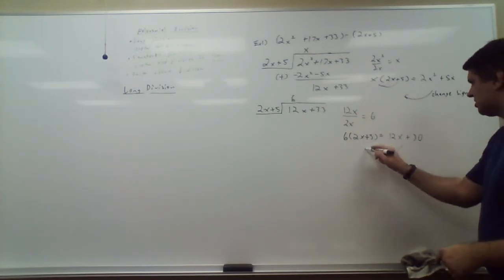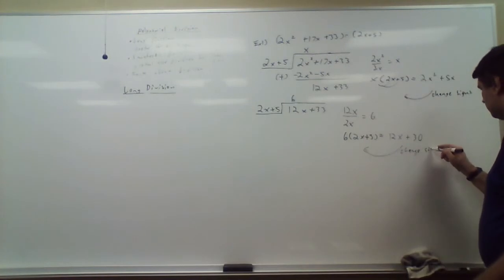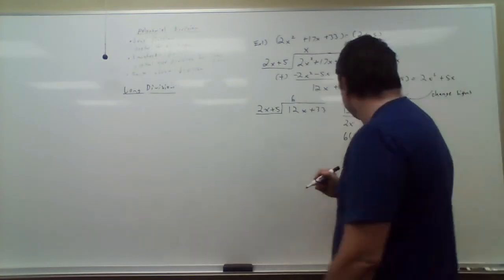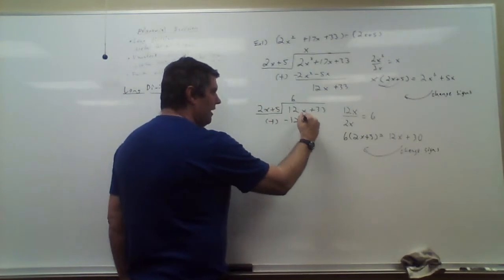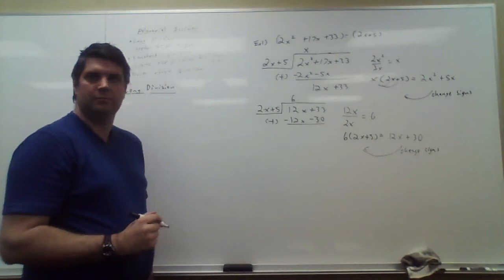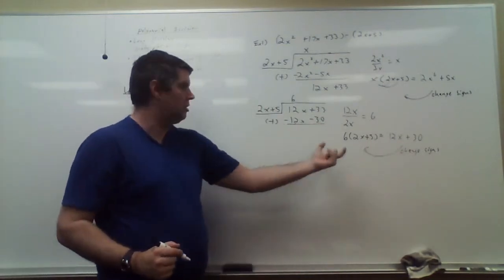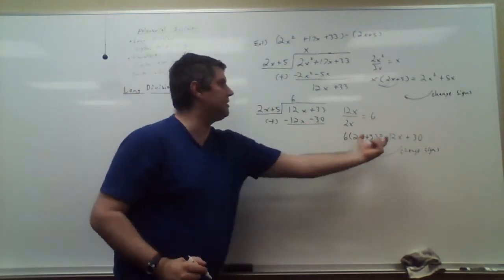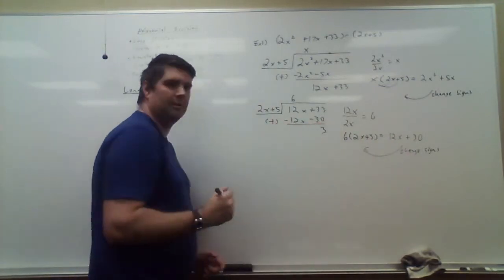And then we're going to change the signs. So we will be adding a negative 12x and a negative 30. Change the signs and add. 2 pluses become 2 minuses. That gives me 3.